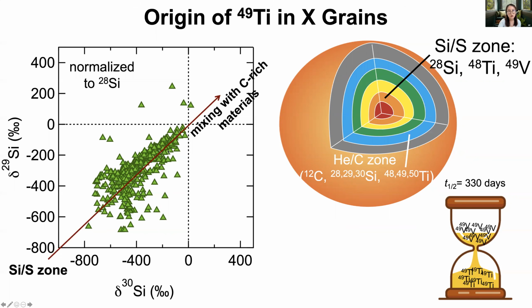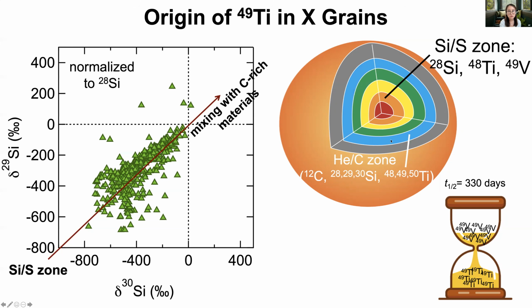And this is in fact caused by mixing material from this inner silicon-sulfur zone with materials from this outer helium-carbon zone. This mixing is necessary because silicon carbide needs to condense in a carbon-rich environment, while the helium-carbon zone is the only carbon-rich region across a type 2 supernova.